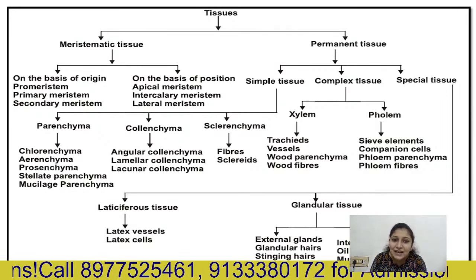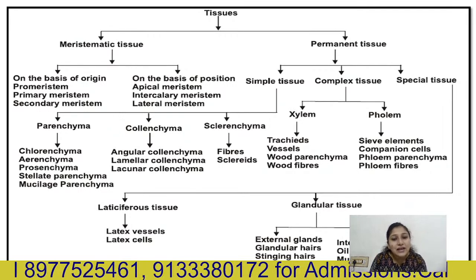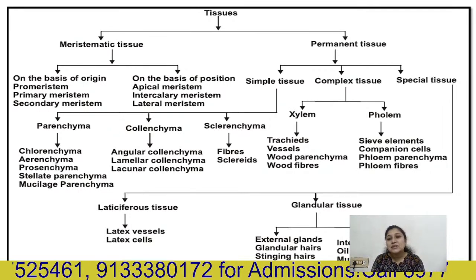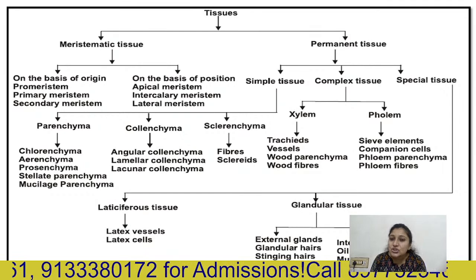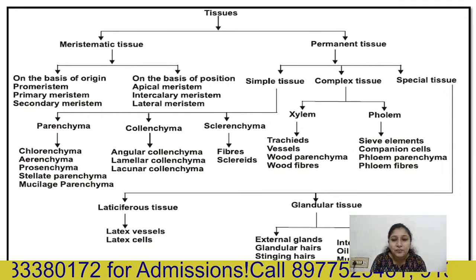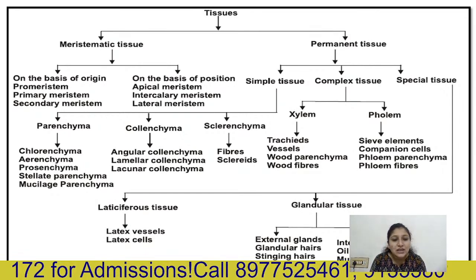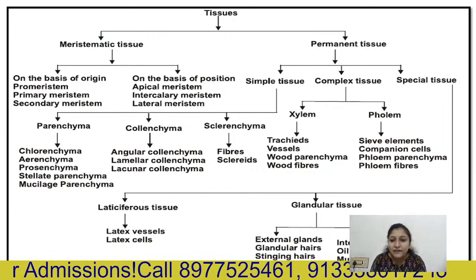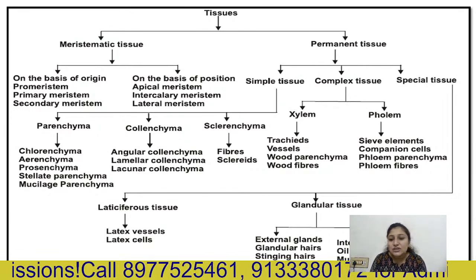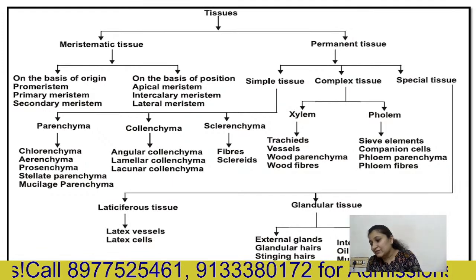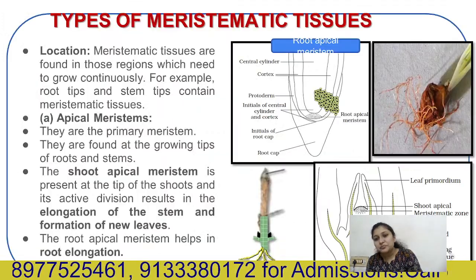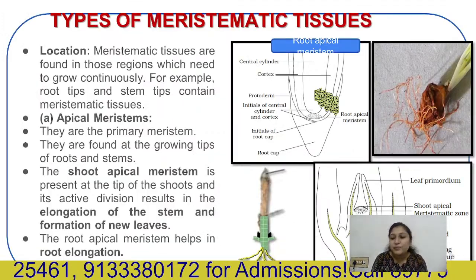Parenchyma, collenchyma and sclerenchyma are involved in simple tissue, and complex tissue involves xylem and phloem. Special tissue involves lenticel-forming tissue and glandular tissue. We will not be discussing this in this chapter. Okay, now types of meristematic tissue.